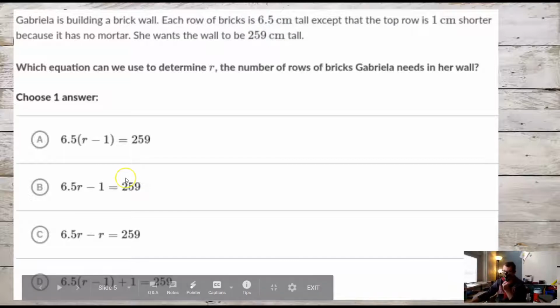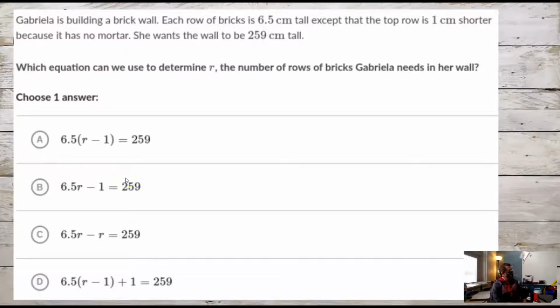All right, Gabrielle is building a brick wall. Each row of bricks is 6.5 centimeters tall. Wow, this is so poignant because we literally have been building brick walls down at that place I was just showing you guys. The top row, though, is 1 centimeter shorter because there is no mortar. So when they talk about each row of bricks being 6.5 tall, every row of bricks, when you lay bricks, also counts the mortar above it, but not above and beneath it.